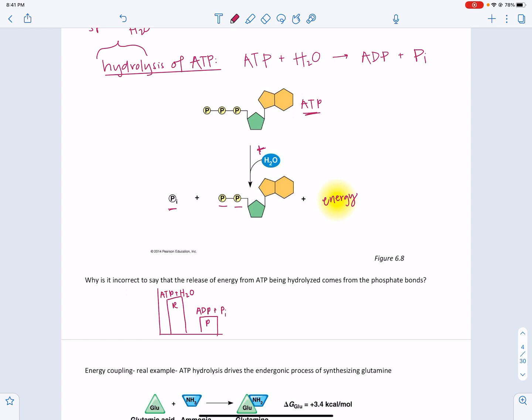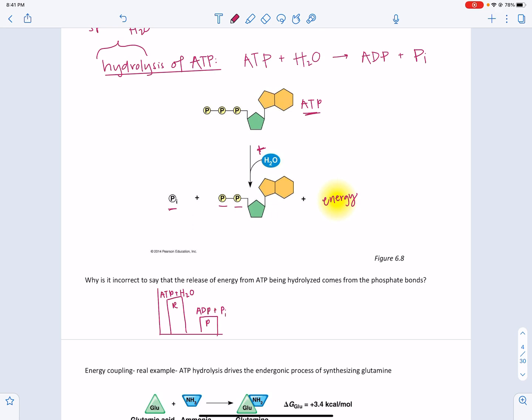The question is pointing you to the change in free energy between the reactants and the products, not necessarily the bond being broken. You want to look at this.